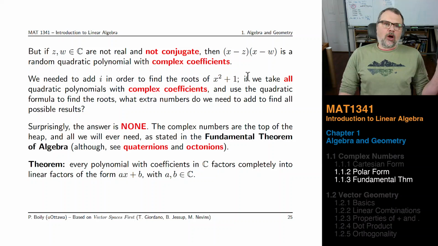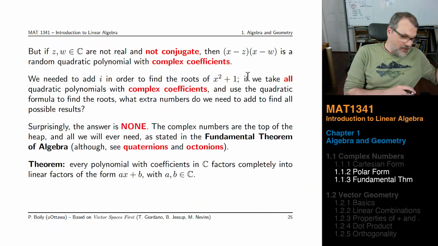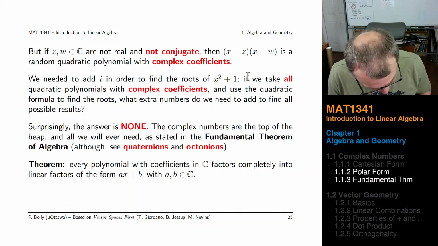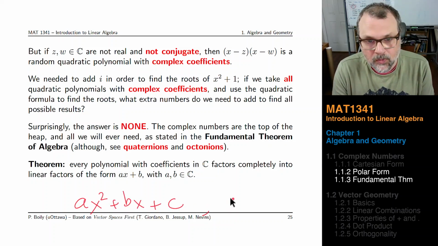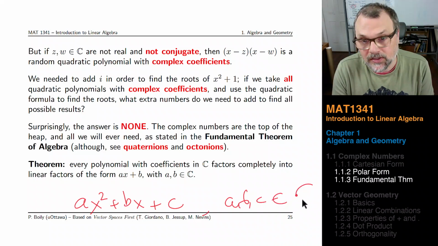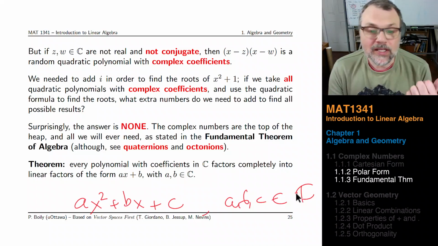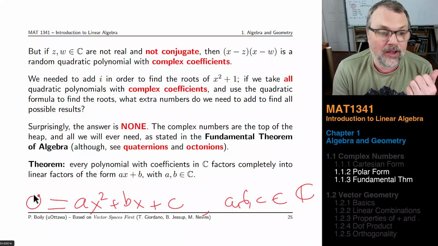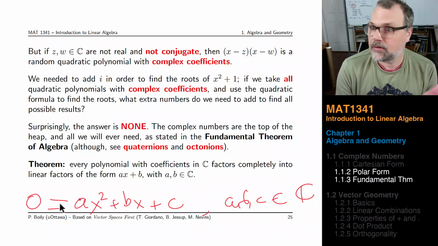If you were to take all of the quadratic polynomials with complex coefficients, now that we have these new numbers, complex numbers, and we consider polynomials that look like this, ax squared plus bx plus c, where a, b, c are complex numbers instead of real numbers, would we need to add anything like an i in order to be able to solve this?